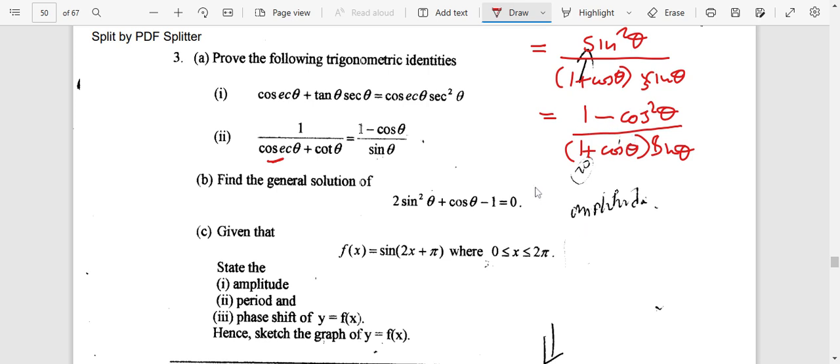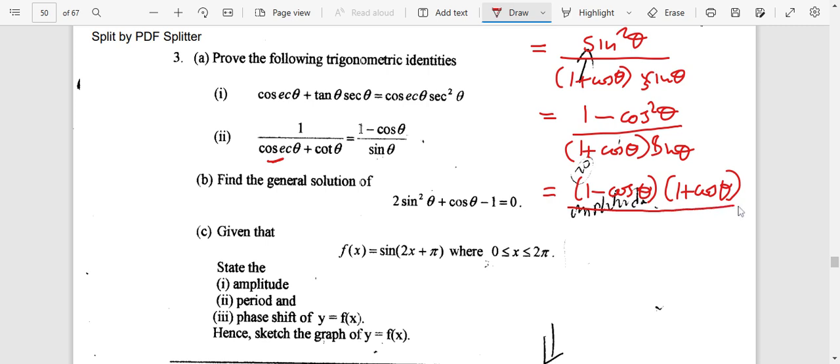What do you think of this? What are we going to do? I think on top it's going to be a difference of two squares. That's what it is. 1 minus cos squared theta is a difference of two squares. So I can write it as 1 minus cos theta and then 1 plus cos theta.